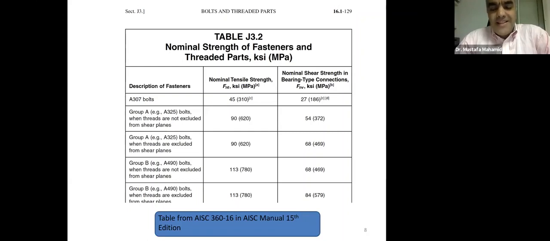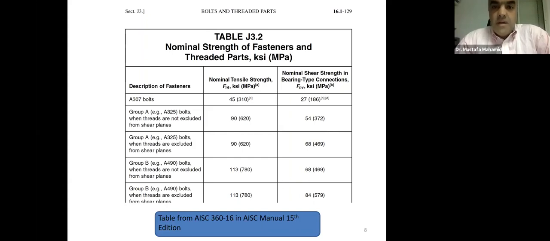We have the nominal tensile strength and the nominal shear strength in bearing-type connections, that's Fnt and Fnv, respectively, for each type. So that's the nominal shear strength given to us in ksi, or megapascals if we are using metric.